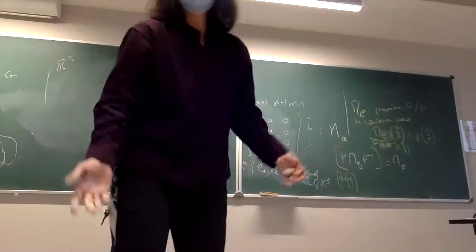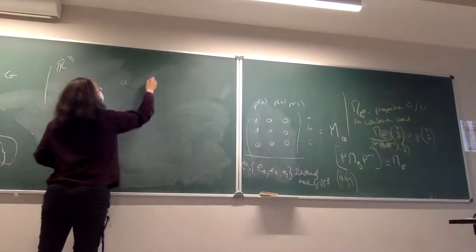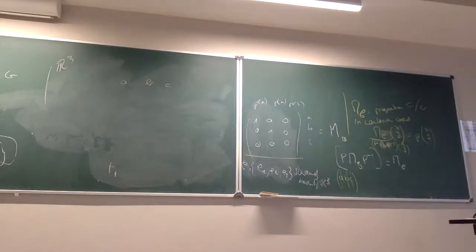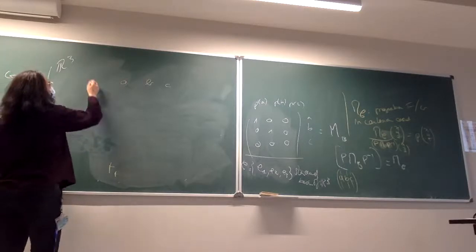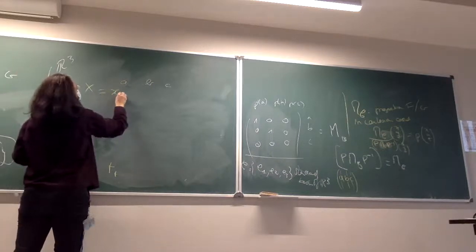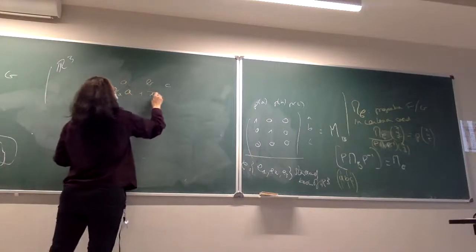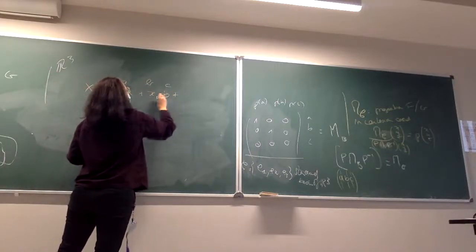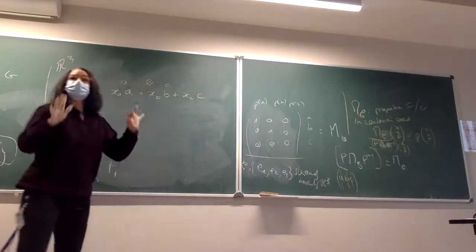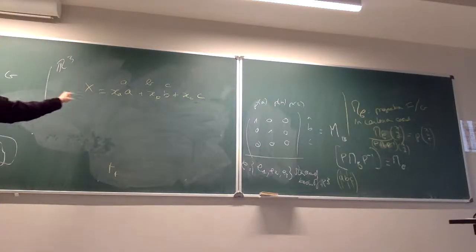Why? Simply because if you have a basis, let's say that A, B, and C is a basis of R3, it means that any x in R3 can be written as some coefficient times vector A plus some coefficient times vector B plus some coefficient times vector C. I've just expressed the fact that I've got a basis, so it's spanning, so anything can be uniquely written like this.